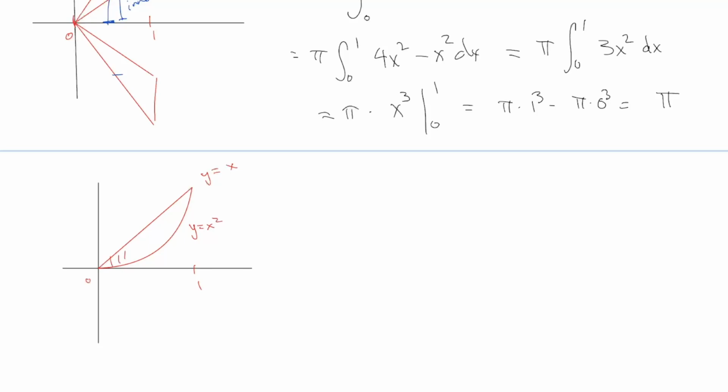And I want this region being revolved around the x-axis. So it's sort of a similar kind of cone-like shape, similar to before, but it has a different shape to it. It's curvy on the inside. See what you think.